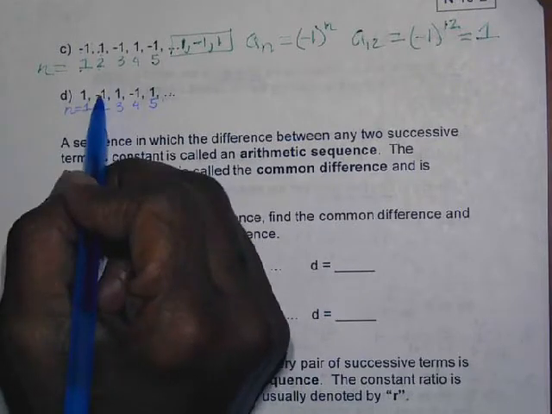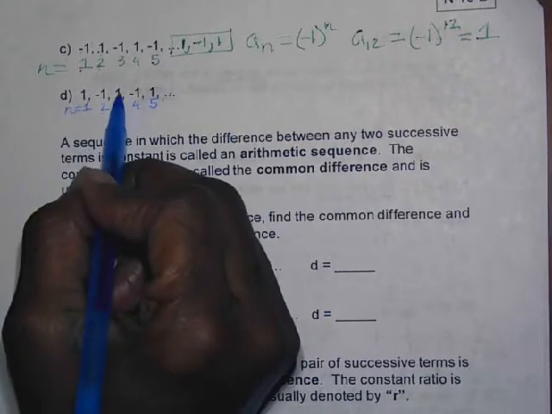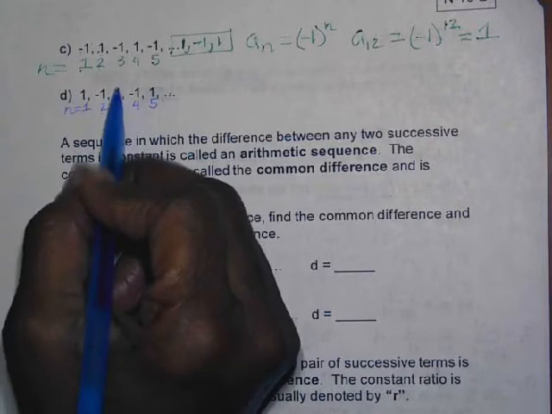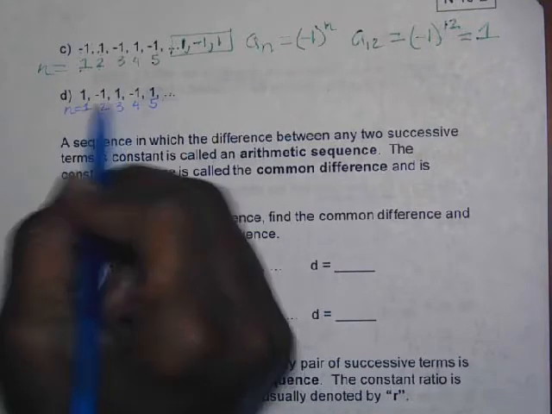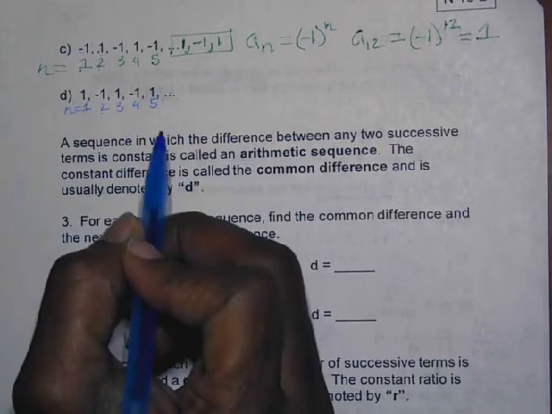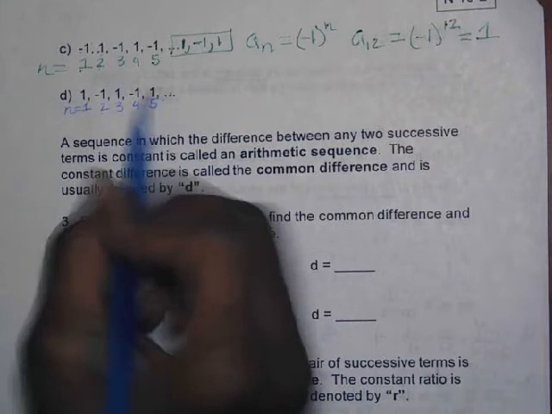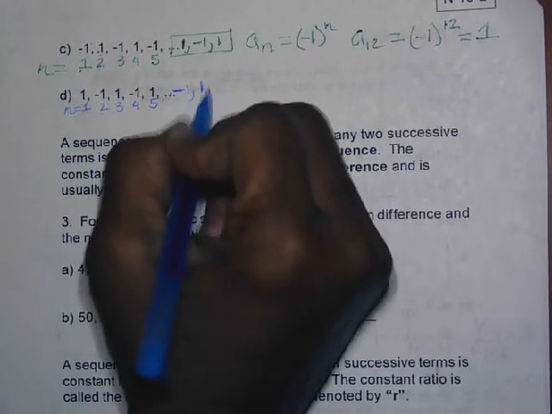But -1 to the third power is -1. 1 right here. 1 to the third power is 1. -1 to the third power is -1. That didn't work. Well, I know what my next three terms will be. They will be -1, +1, and -1.